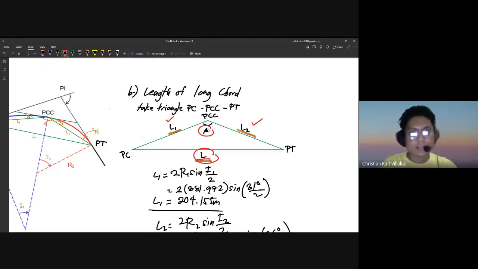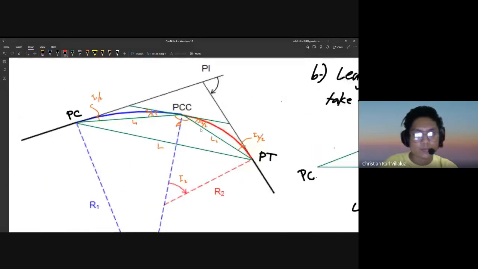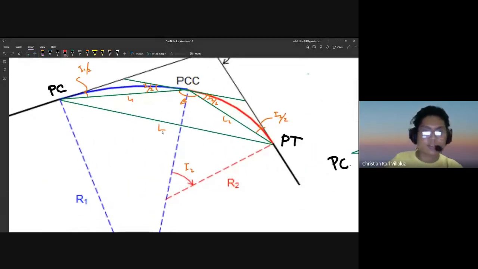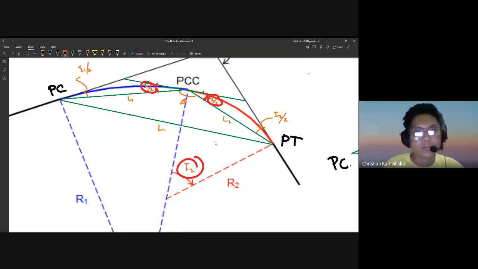Now, going back here sa ating compound curve. So, yung equivalent deflection angle natin from the tangent to the chord is 1/2 the central angle. Kaya I over 2. Same din dito sa kabila. 1/2 nung central angle niya, yun yung equivalent angle from the tangent to the long chord or to the chord ng second curve.